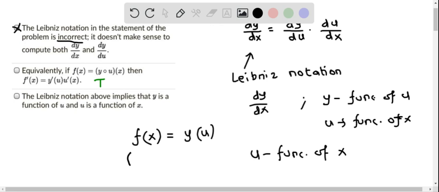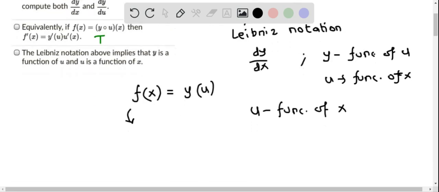So when we find its derivative, we apply the chain rule. That is, we write down f prime of x, and this equals, we have to apply the chain rule. First, we find the derivative of y, that is y prime of the inside part, that is y prime of u, times we then find the derivative of u with respect to x, because u is a function of x.